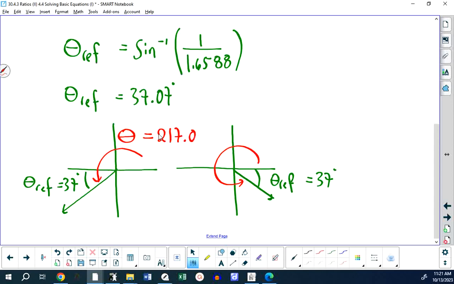And then 0.1 with rounding, because I carried all the decimals. Anybody else for rounding to 0.1? Okay. Oh, I know. I was looking at the one where I just had an approximate. Right, it's 37.07. Yeah, okay. And over here, you're going to go 360 minus that, which is going to give you 322.9.